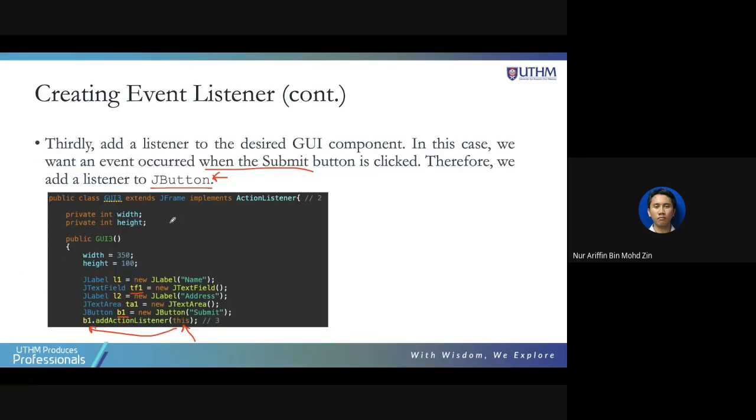That is the second one. The third one, you need to put the listener on the desired GUI objects or GUI components. If you want the submit button to react whenever it is clicked, then you put the listener on the button. In this example, because we want to display the name and address when the submit button is clicked, we put the addActionListener associated with b1. So b1.addActionListener, inside the brackets, this.